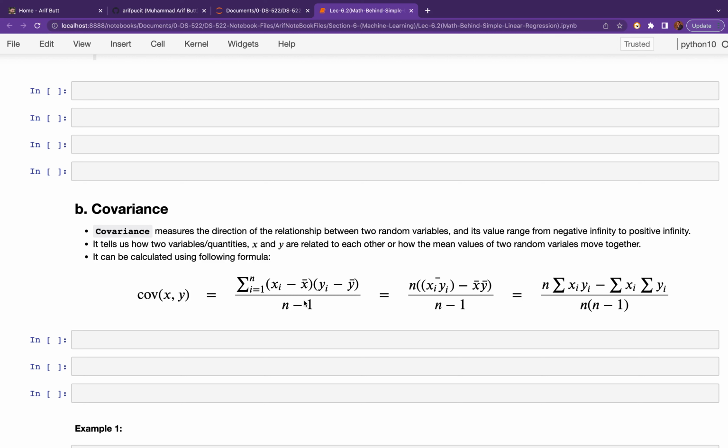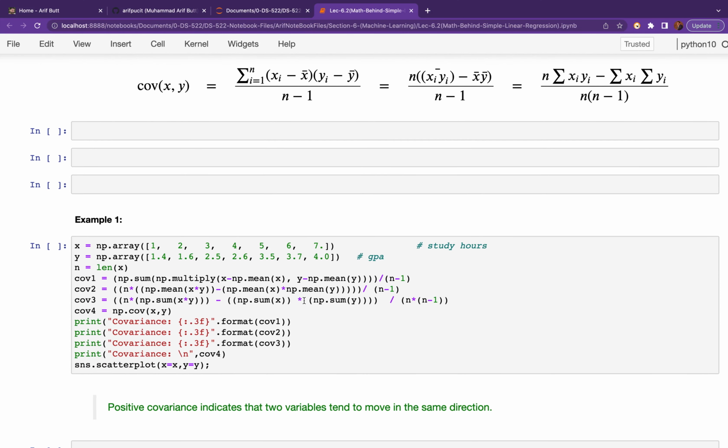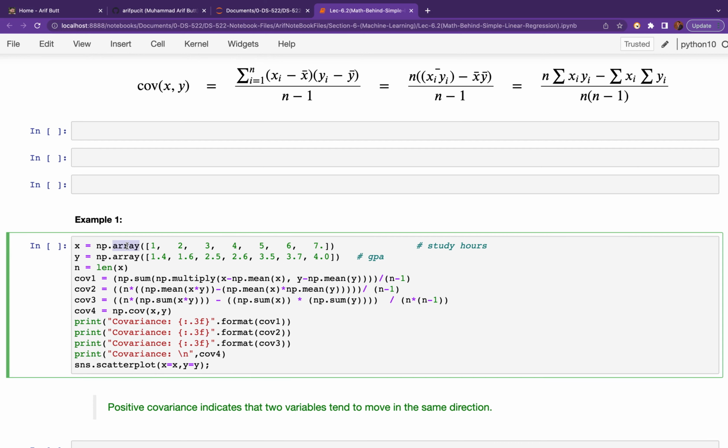Let us calculate and understand covariance with the help of a toy dataset. Well, this is a dataset that a teacher has collected. The x variable contains the number of hours a student has studied on a daily basis throughout the semester: 1, 2, 3, 4, 5, 6, 7.